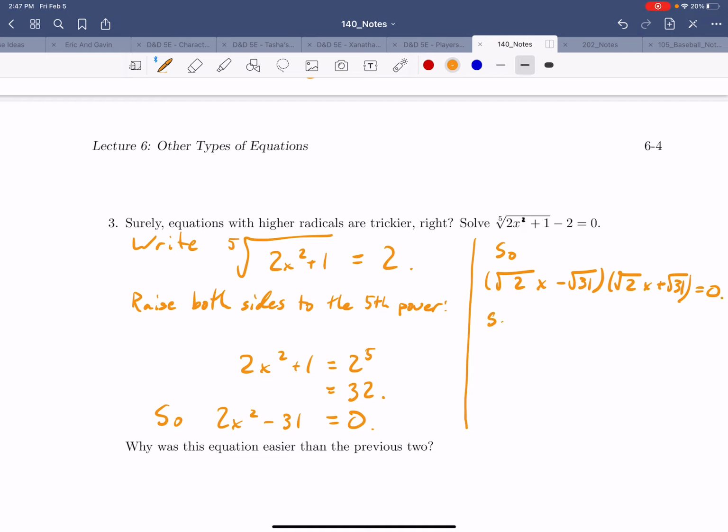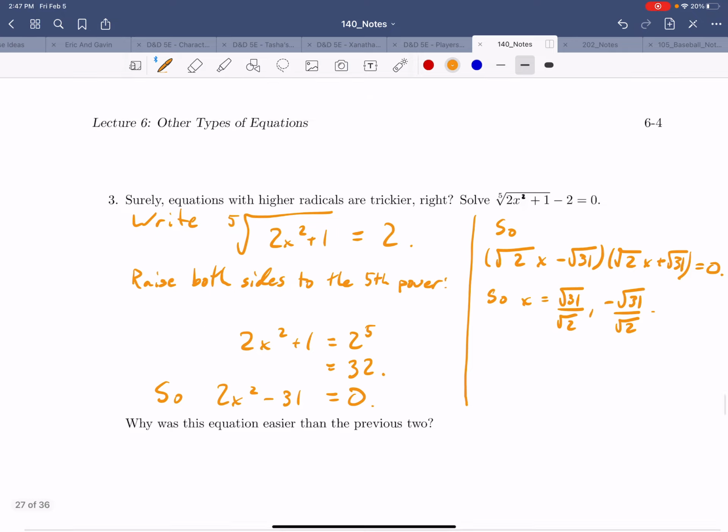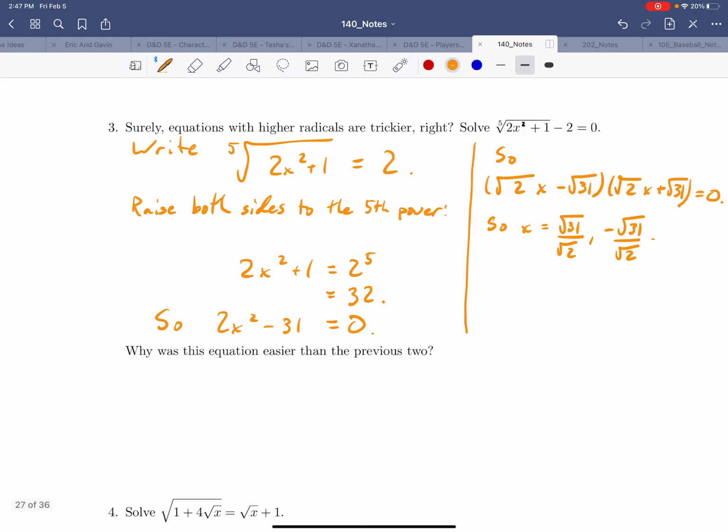And so we know that x is going to equal, not the greatest thing in the world, the square root of 31 over the square root of 2, or negative the square root of 31 over the square root of 2. While those are not the nicest answers, let's plug them in and see what we get.